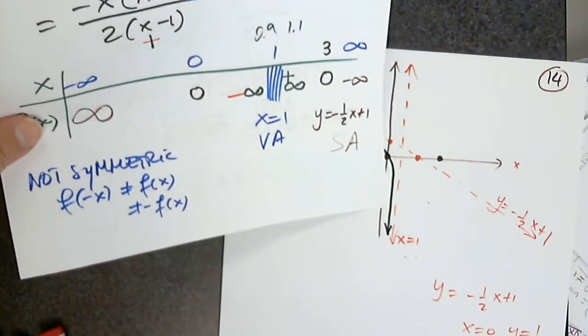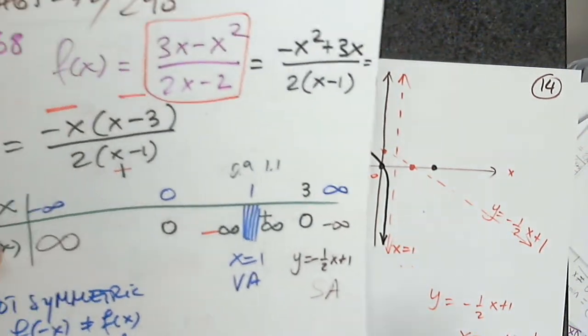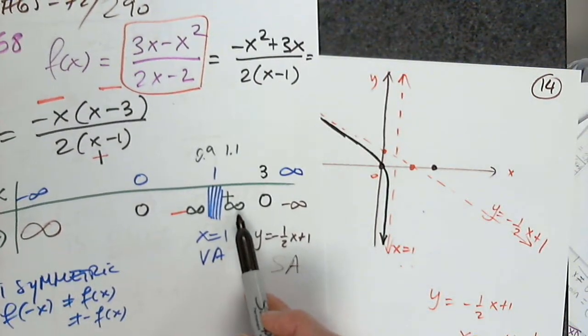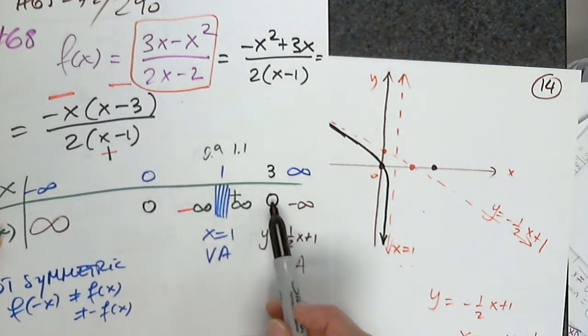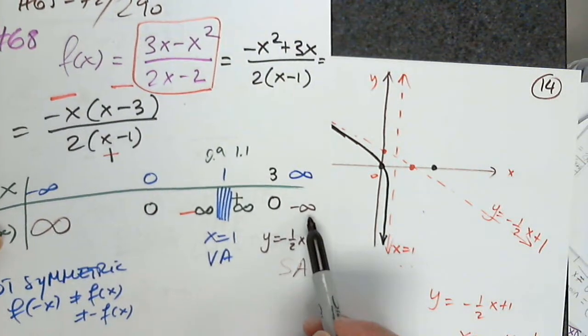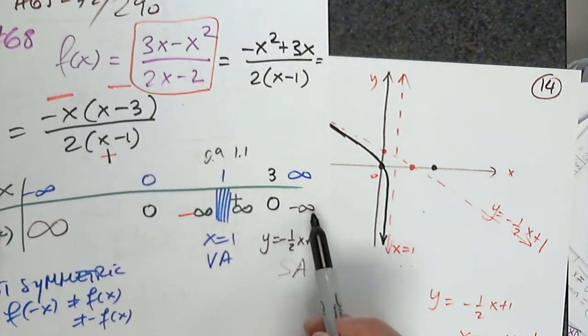On the other side, from approaching positive infinity, crossing the x-axis at 3, 0, and approaching the slant asymptote towards negative infinity.